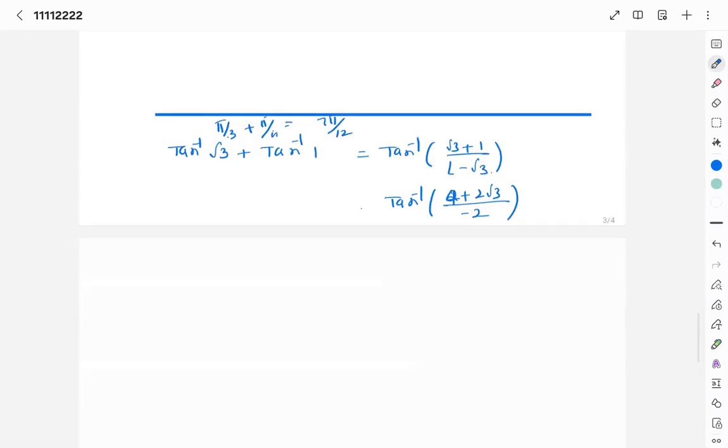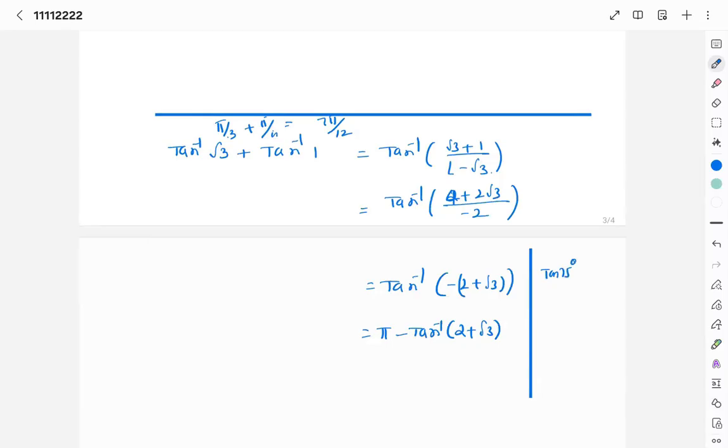4 plus 2 root 3 by 1 minus 3. You have tan inverse of minus 2 plus root 3. This is pi minus tan inverse of 2 plus root 3. So here you have tan 75. If you take tan 75, it is tan 45 plus tan 30 over 1 minus tan 45 tan 30.